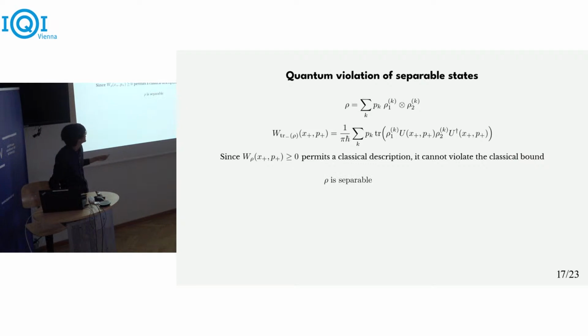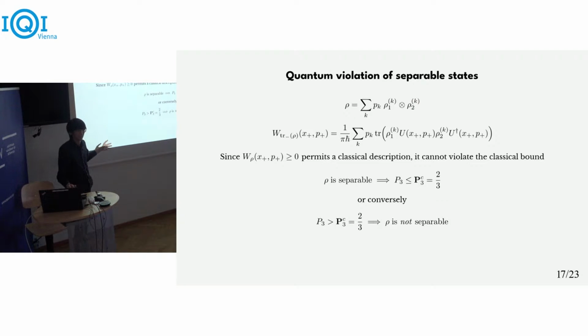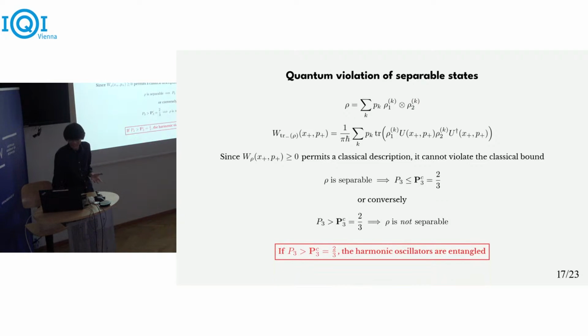So in other words, if my rho is separable in this special case, then I cannot beat the classical bound. Or conversely, if I beat the classical bound, I know for sure that rho is not separable. In other words, if I beat the classical bound, the two harmonic oscillators that I have are entangled.